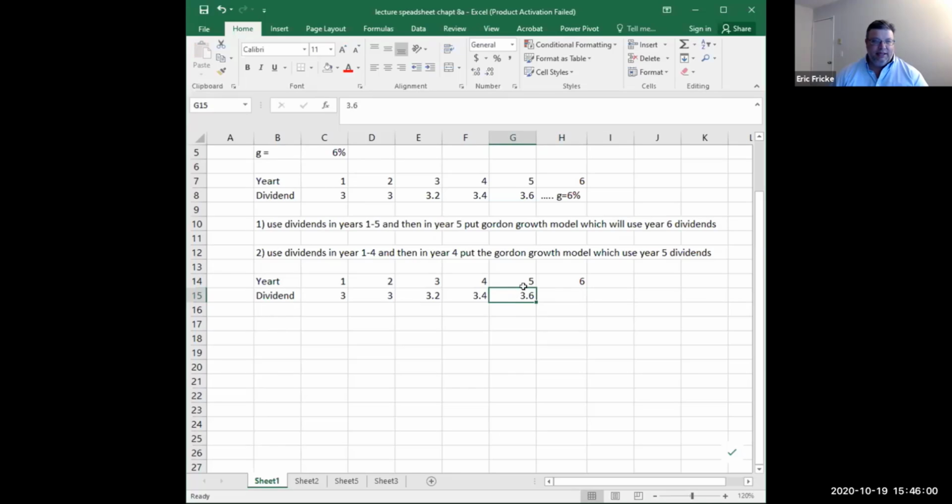This dividend 5 is going to go into our Gordon growth model, so I'm going to put Gordon growth model here, and that's going to go in the final year of our forecast. This is where the forecast ends, if you will, right here. And that Gordon growth equals the dividend at time 5, all divided by R minus G. R is 0.15 and G is 0.06.